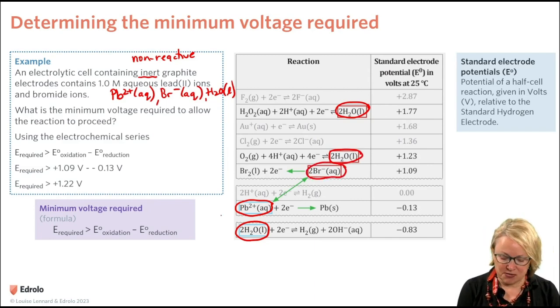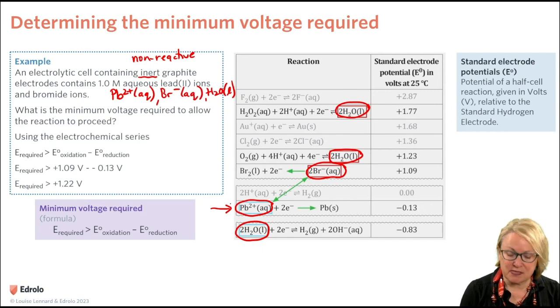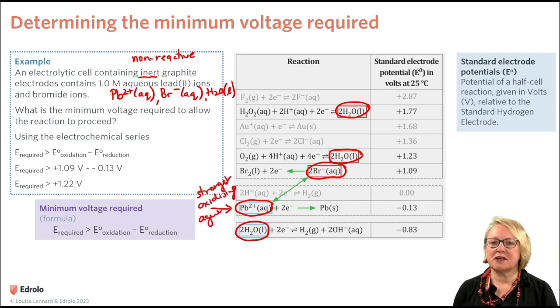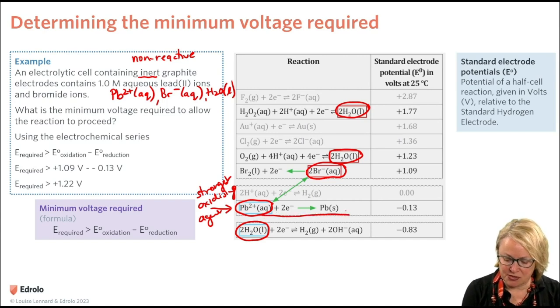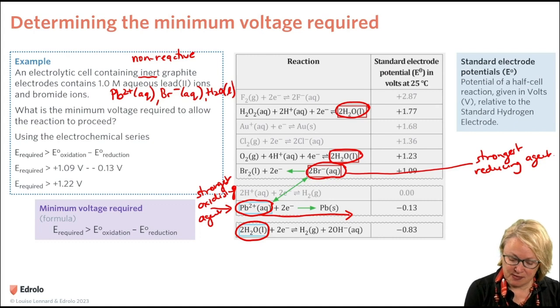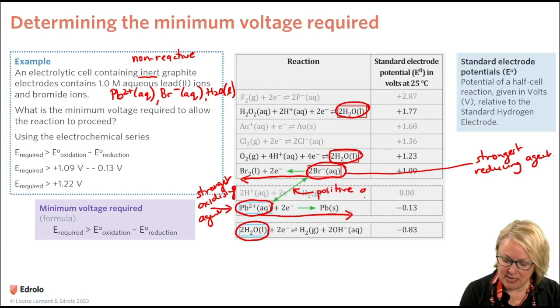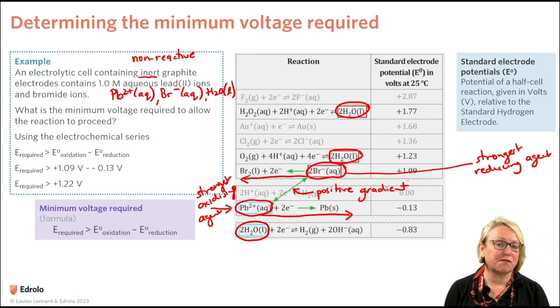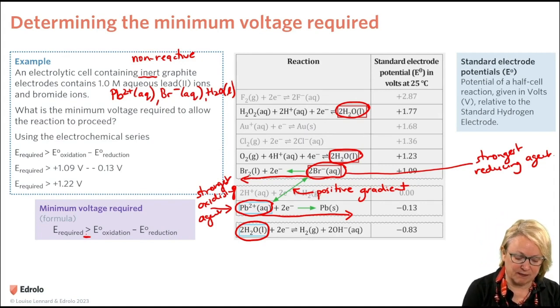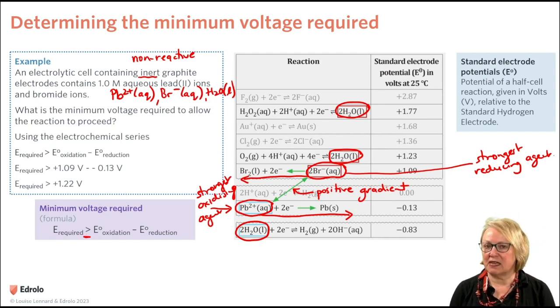The strongest oxidizing agent is the lead-2+ ions. And we know the strongest oxidizing agent will be reduced, so this reaction will go forward. The strongest reducing agent is the bromide ions, and they're going to be oxidized. We've got this positive gradient indicating that we need to put electrical energy in order to force the reaction to occur, but we need more than the difference in the E naughts.